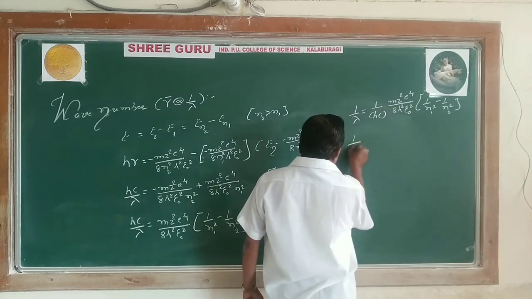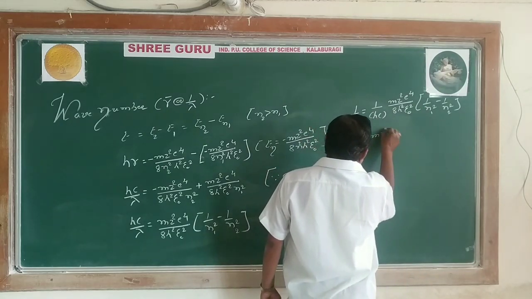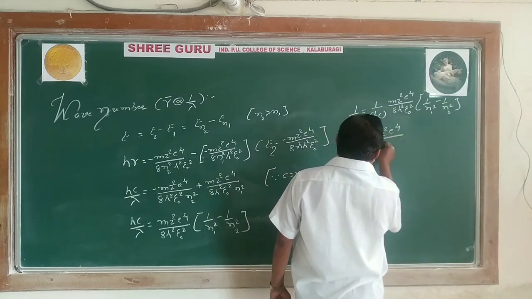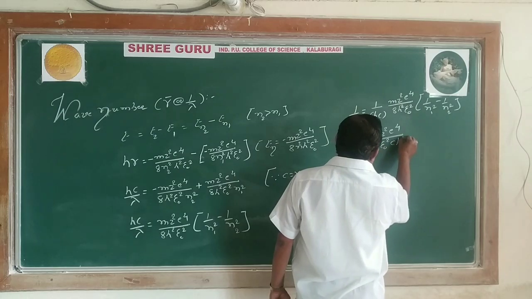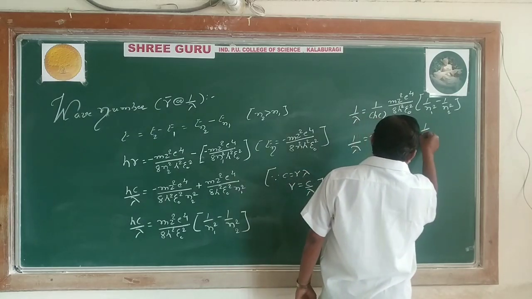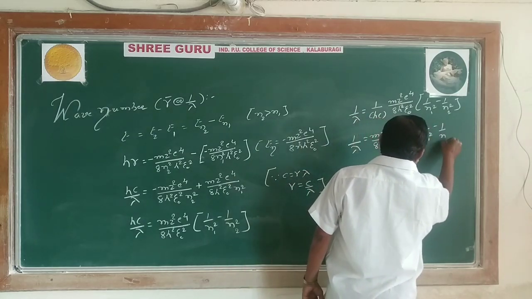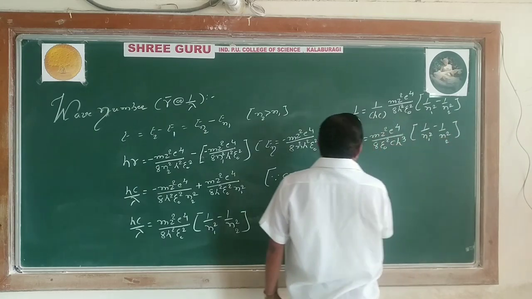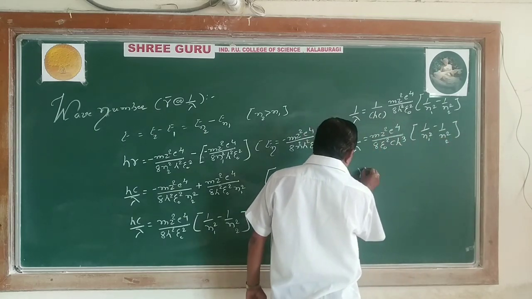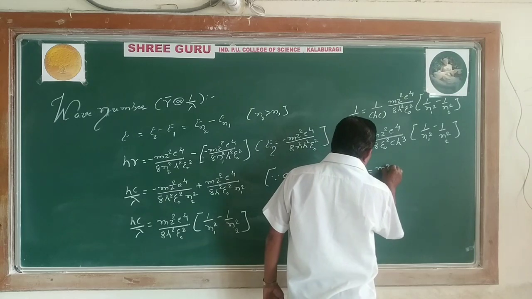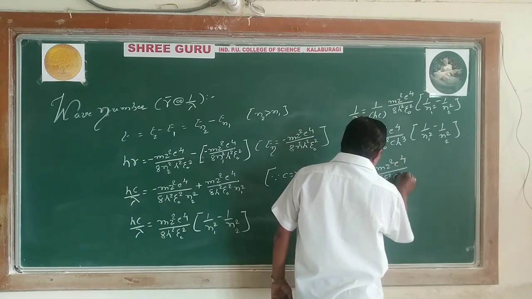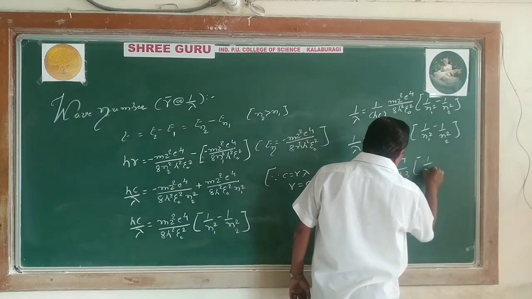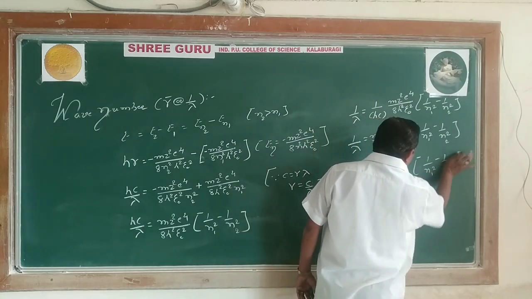Let me write it neatly: m Z square e fourth by 8 epsilon naught square c h cube, bracket 1 by n1 square minus 1 by n2 square. This 1 by lambda is nothing but wave number: m Z square e fourth by 8 epsilon naught square c h cube, 1 by n1 square minus 1 by n2 square.